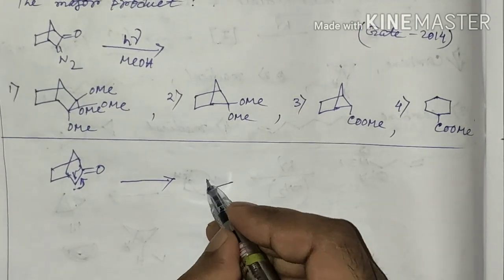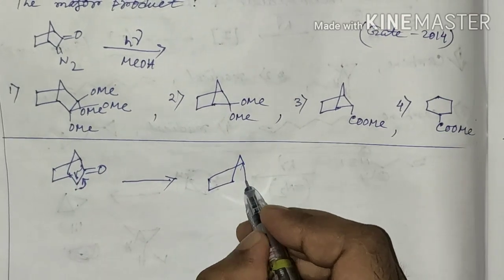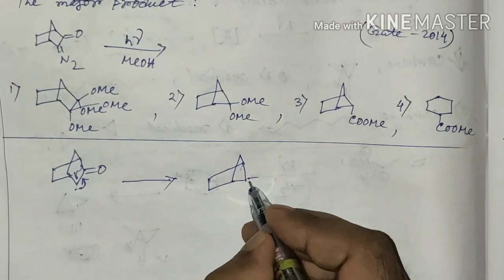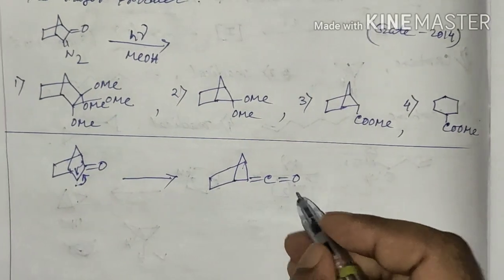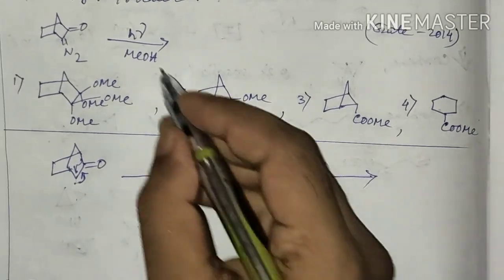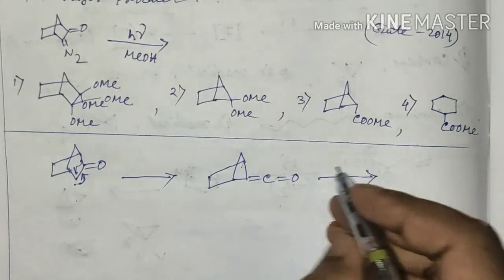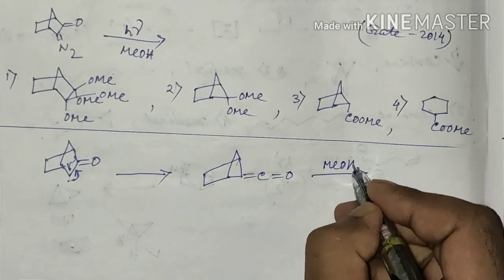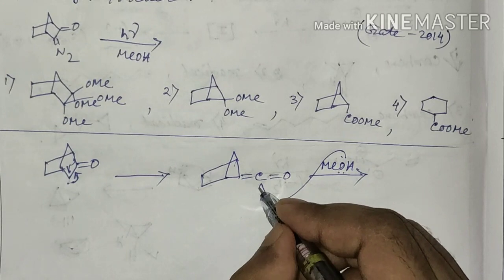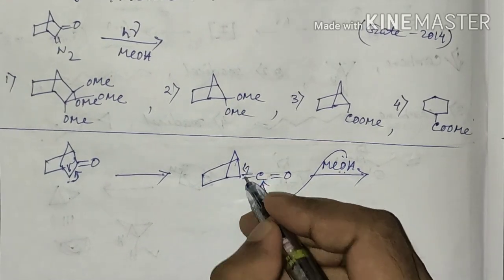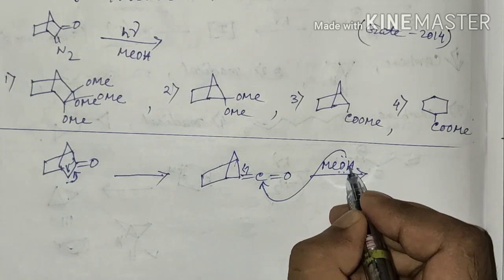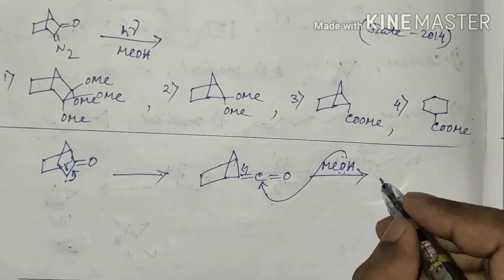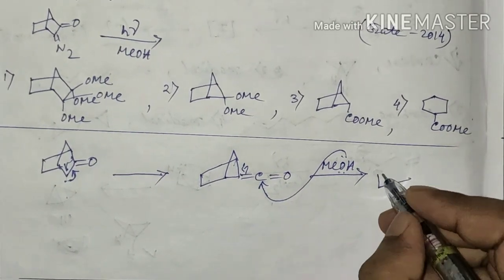So the species will be like this. And since the solvent is methanol, it will act as a nucleophile and attack this carbonyl carbon, and here there will be an anion that will abstract the proton from methanol, the solvent of the reaction medium.